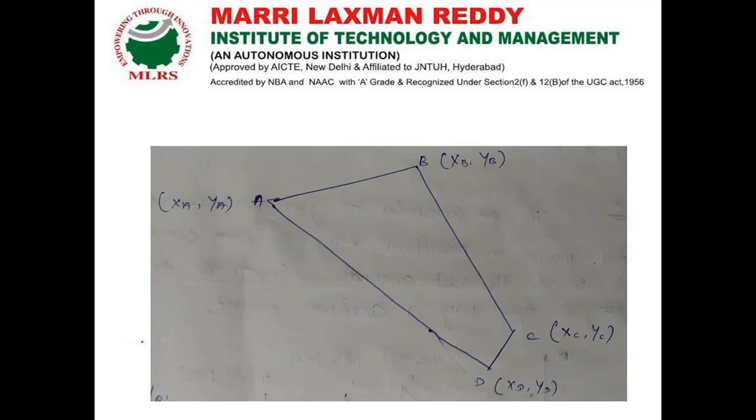So 0.5 into YA, the y coordinate at A, times X, the next coordinate with respect to x, that is XB, minus the previous coordinate, that is XD, plus YB times the next coordinate, that is XC, minus XA.